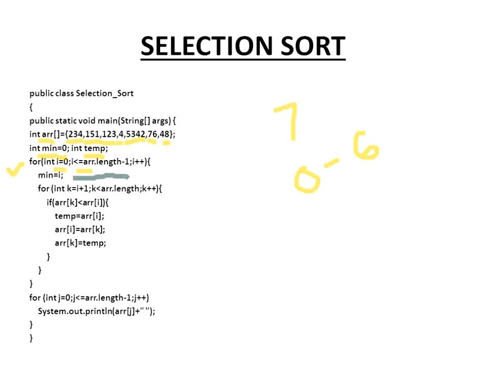Now can you tell me what will be the numeric value for arr.length minus 1?